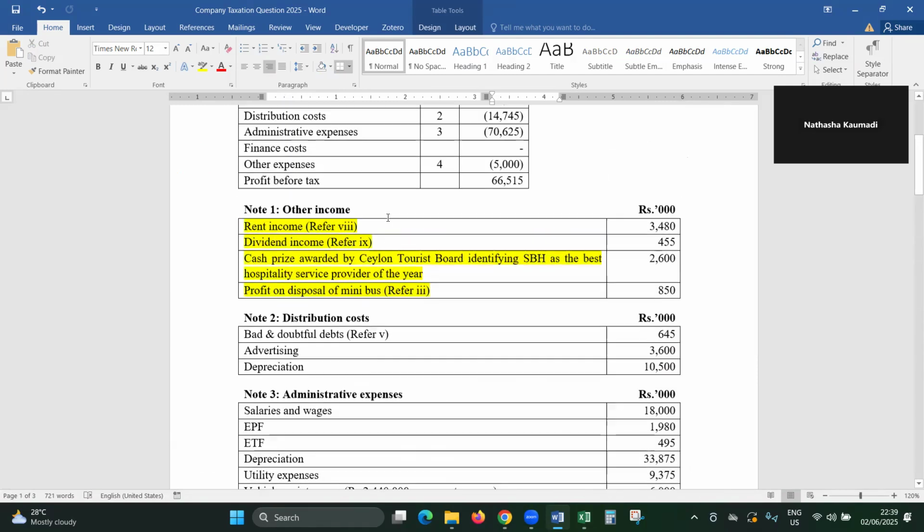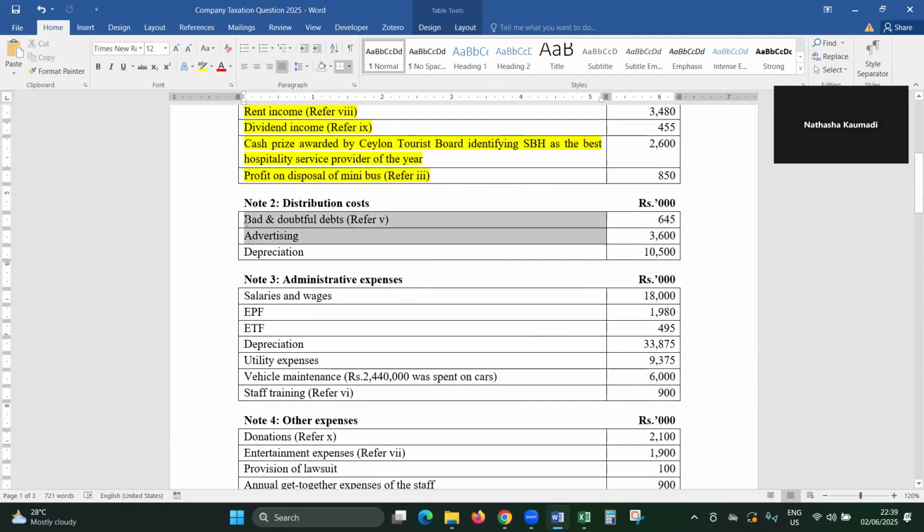And then you have advertising. Advertising is allowed to deduct. That's okay. What about depreciation? Now I told you this depreciation is related to distribution. Is this accounting depreciation? No. Taxable depreciation? That means capital allowance. This is accounting depreciation. Can we deduct accounting depreciation?